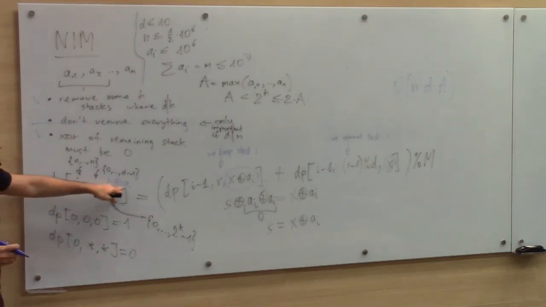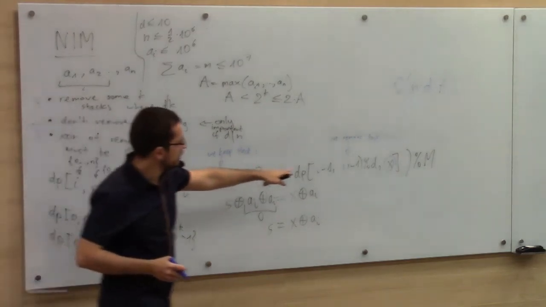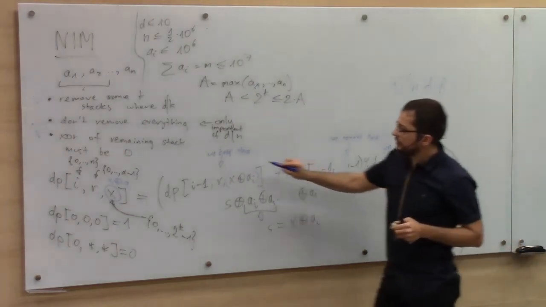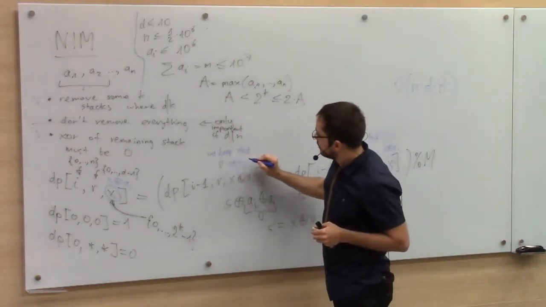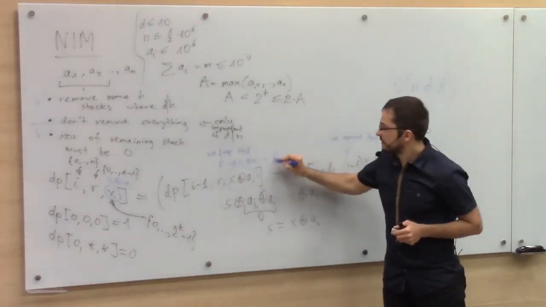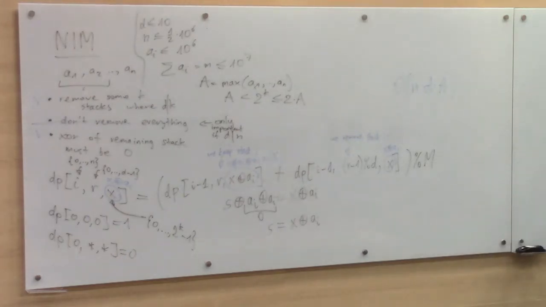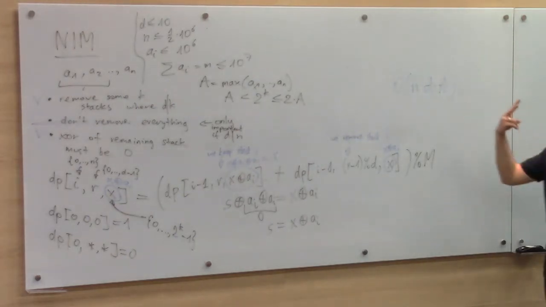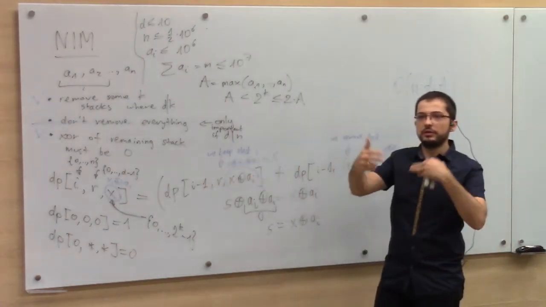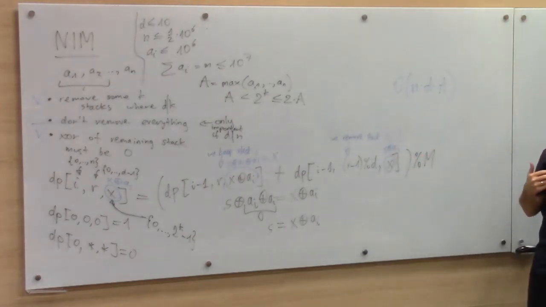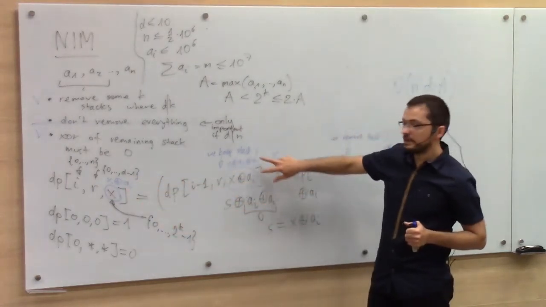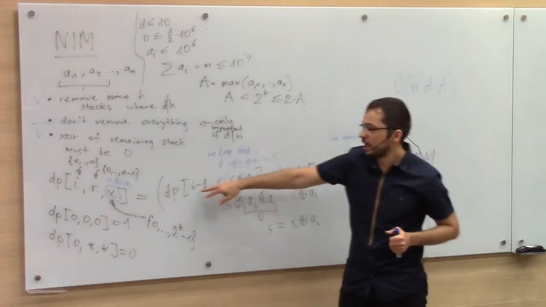If we have x plus ai here, we would have x plus ai, and here we would have x plus ai minus ai, which is equal to x. So essentially, if we have 2 elements, x and x plus ai, they depend on one another. These 2 elements depend on the same 2 elements, but in the row i minus 1.